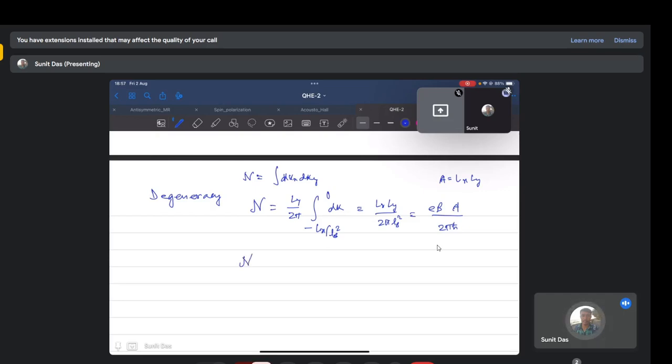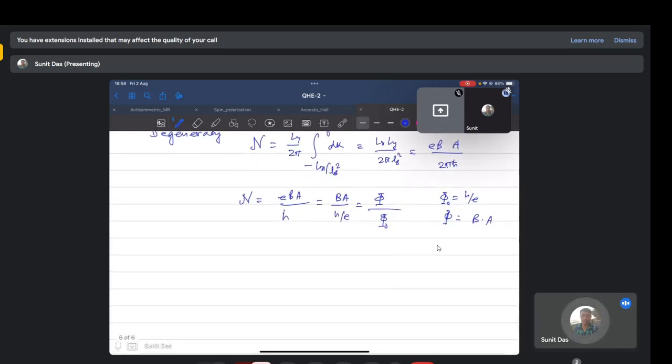So degeneracy, we can write in a more interesting way. eBA by 2 pi h bar means simply, h is the Planck's constant, and then BA by h by e, which is phi. Let's say this is the flux and this is the flux quantum. So flux quantum is simply h by e, and then flux through the sample due to the magnetic field is the magnetic field multiplied by the area of the sample.